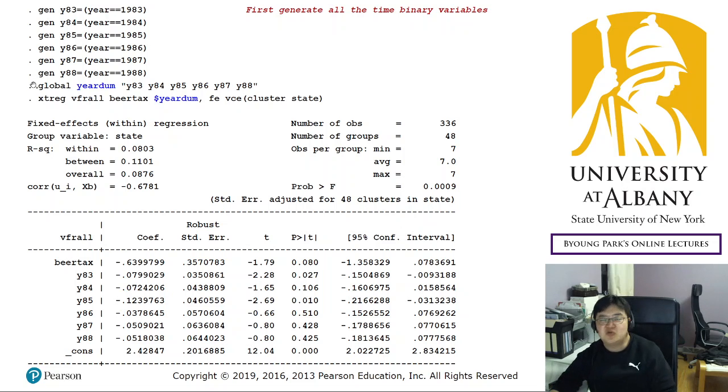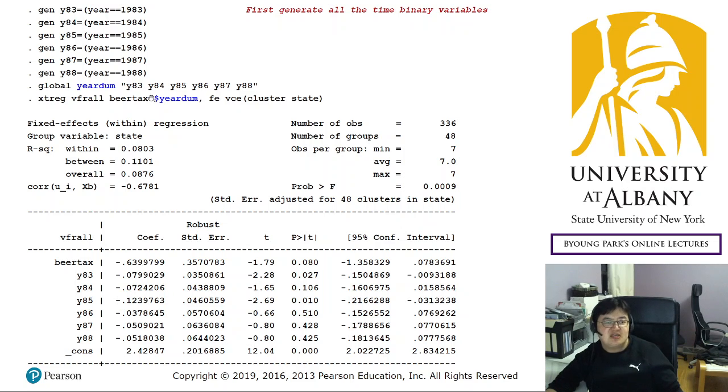I will show you this later, but it means that you abbreviate the phrase in the quotation marks as yeardummy. Global means you are going to use this abbreviation all the way till the end of this code. So it's a global definition.